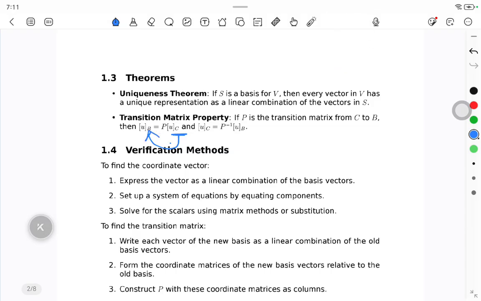Now, if we have this formula, for us to find this, sometimes they can give you this one, they give you this and P, and you must find u related to C. For you to find u related to C, you must make u related to C the subject of the formula. But you need to know how do I make it the subject of the formula, right?